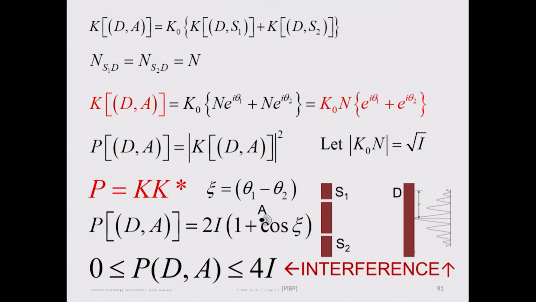So, when cosine xi is minus 1, the probability is 0. When the cosine xi is plus 1, the probability is 4 times I. So, the probability is going to change from 0 to 4I, okay, and it will generate the interference pattern.